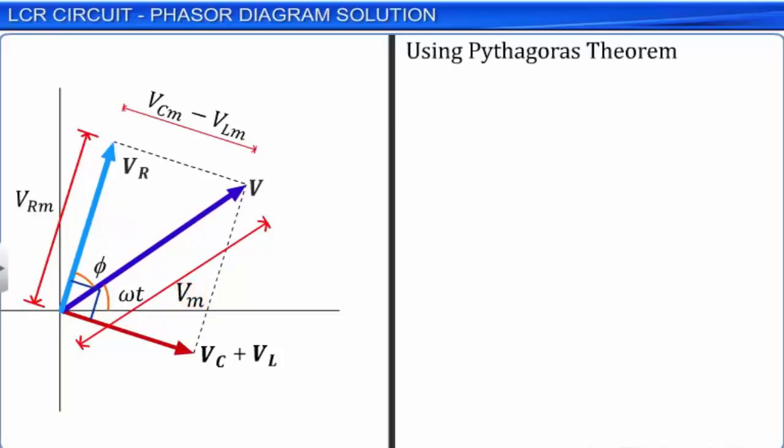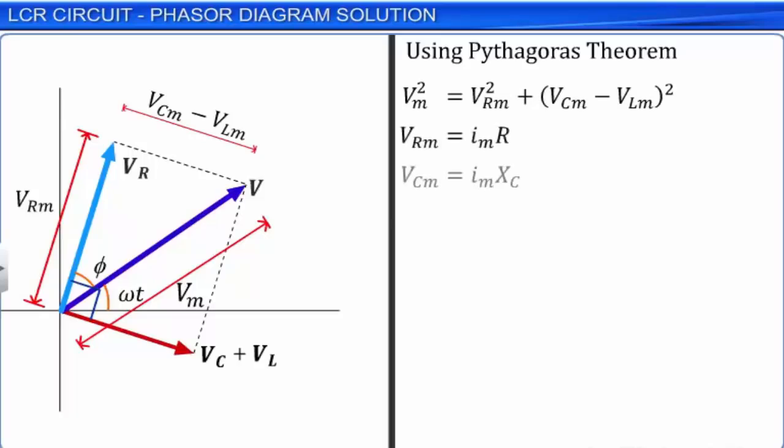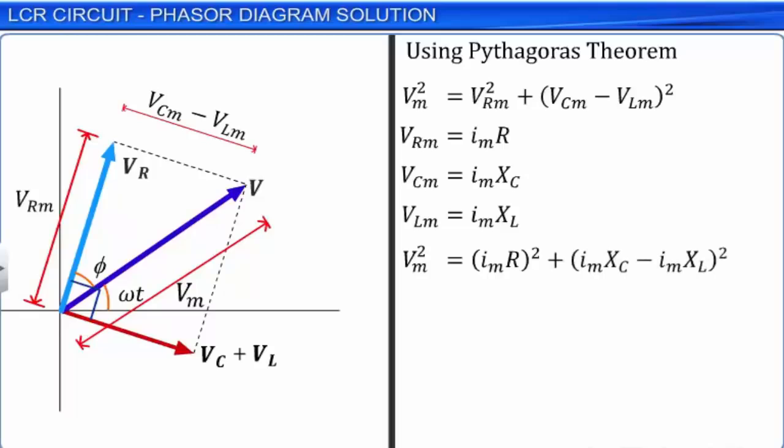Substituting the values, we see that Vm square is equal to VRM square plus VCM minus VLM square. Using the values of VRM, VCM, and VLM, we get Vm square is equal to Im R square plus Im Xc minus Im XL square.